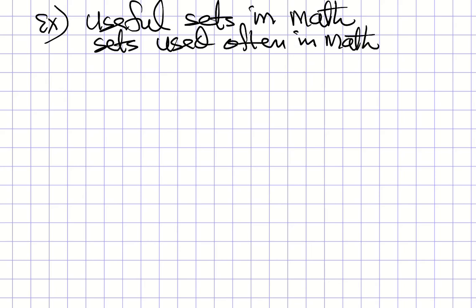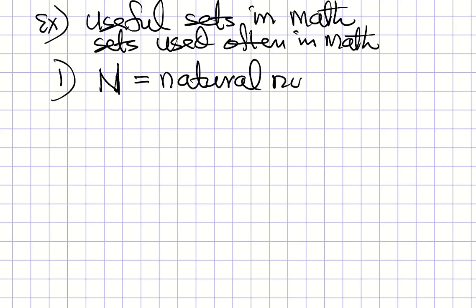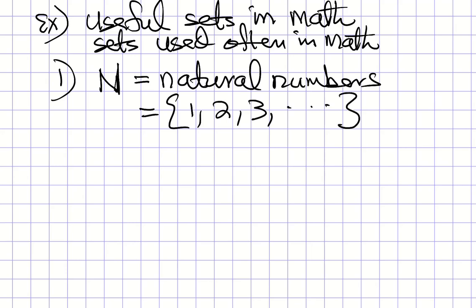It doesn't matter what you want to call it. Number one, you remember the set of natural numbers. It's represented like this: 1, 2, 3, to infinity. So the set of natural numbers is usually a set of counting numbers, numbers you use to count.